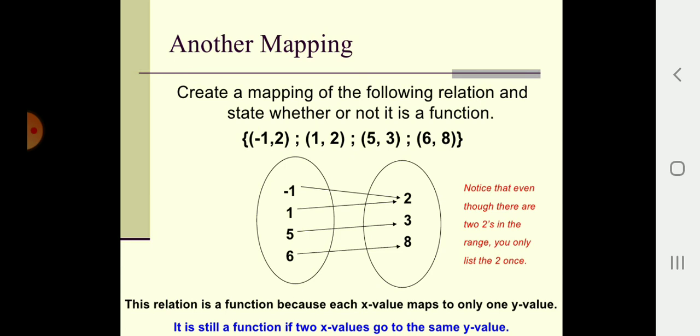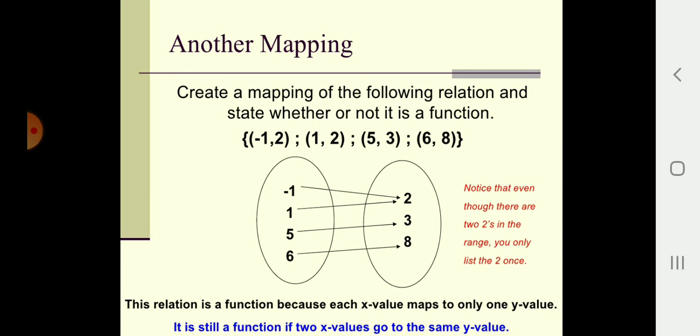So we connect -1 and 2, 1 and 2, 5 and 3, and 6 and 8. So this relation is a function because its x values map to only one y value. It is still a function if two x values go to the same y value.